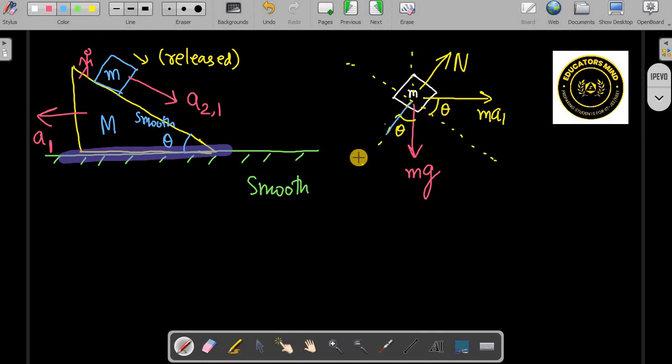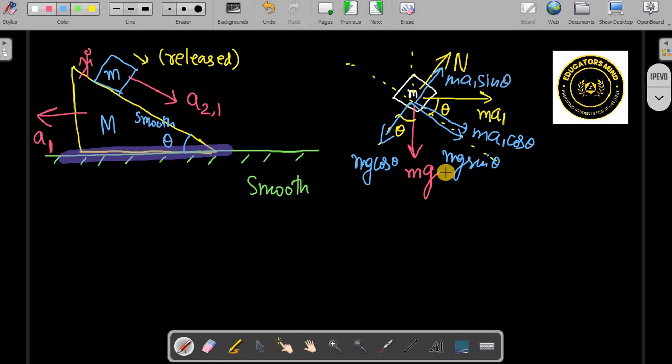So mg cos theta in this direction, mg sin theta in this direction, ma1 cos theta in this direction, ma1 sin theta.